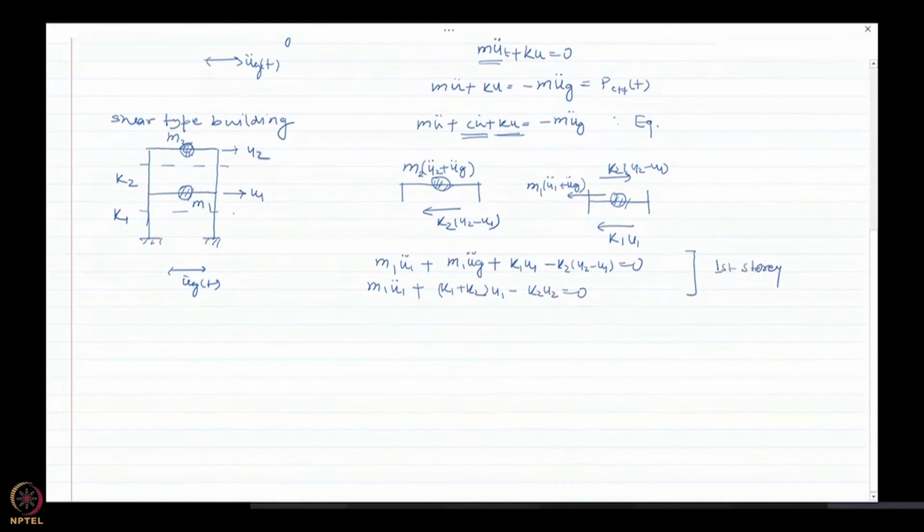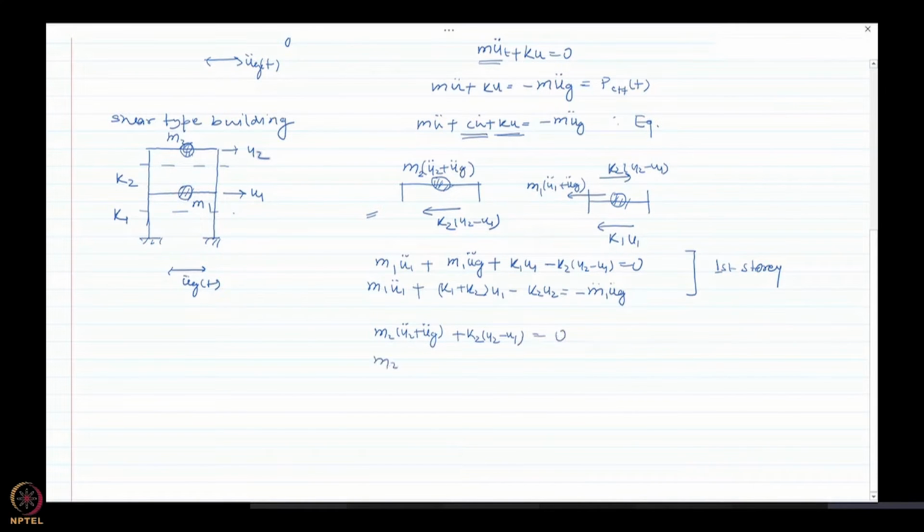Similarly for the second story, if we consider the equation of motion for this, we can write it as, and remember there is another term here that I have brought from this side, it is minus m1 u_g double dot. So for the second story again it would be m2 times u2 double dot plus u_g double dot, plus k2 times u2 minus u1, and that is equal to 0.